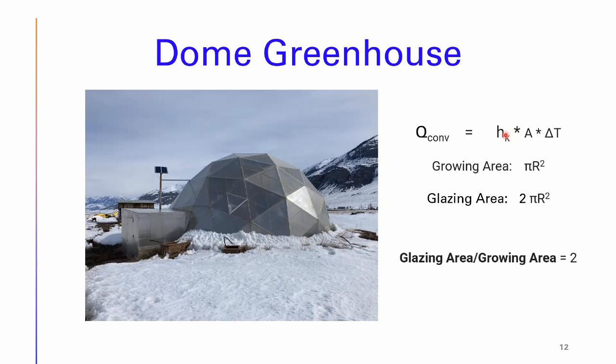What that tells me, looking at this, if everything else is a constant, is area becomes your independent variable. So if I'm trying to optimize greenhouse production and I want to minimize my heat losses, Q is heat loss, I try to minimize this ratio, glazing area, so that's the area of your polycarbonate, divided by your growing area.